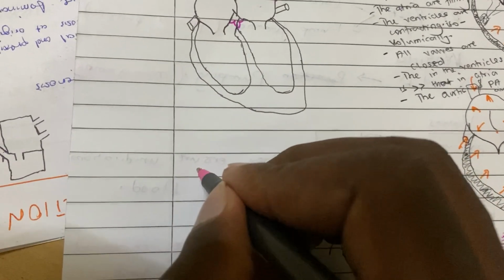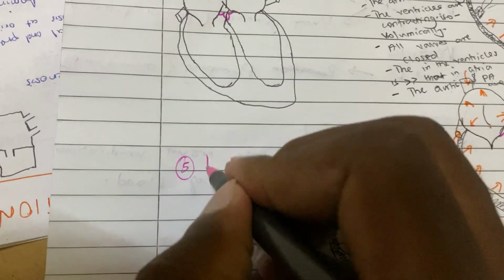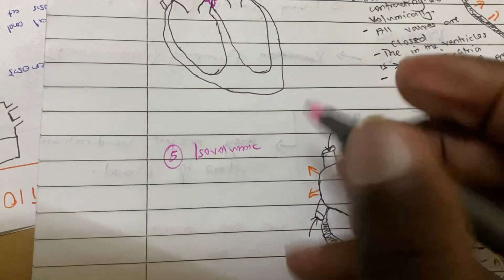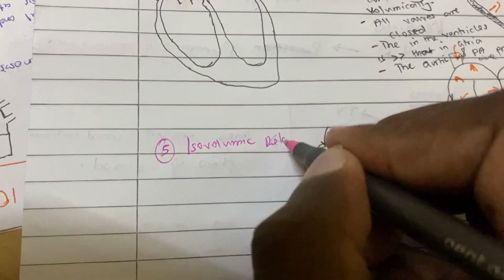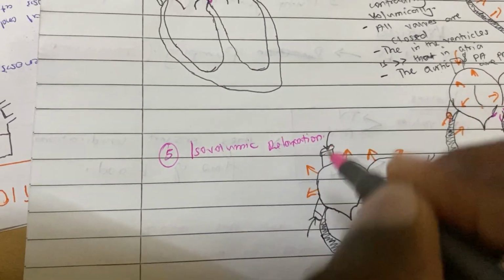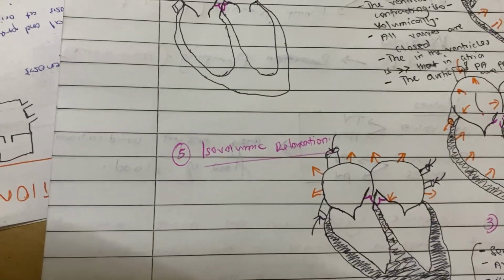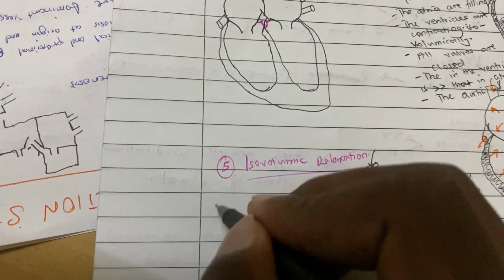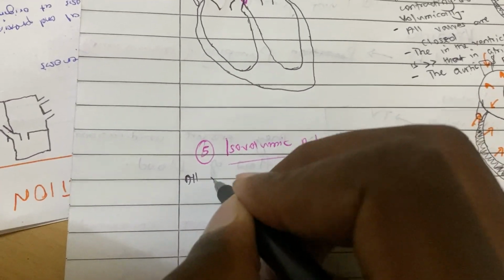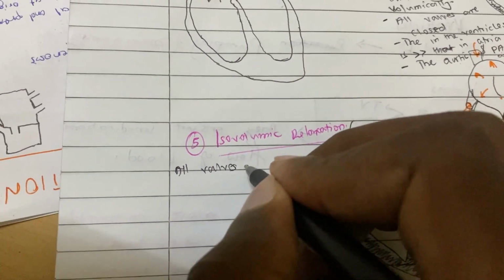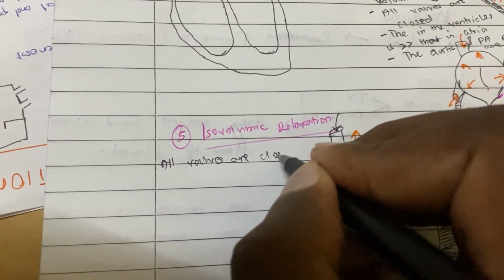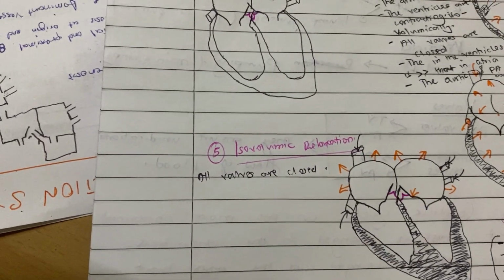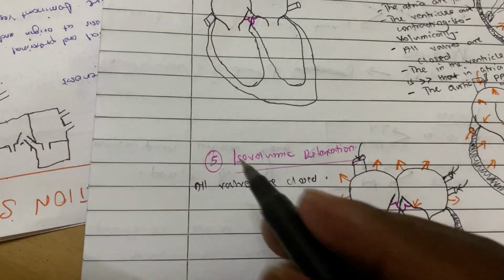Phase 5 is the isovolumic relaxation. In isovolumic relaxation, what happens? Still all valves are closed. So what is happening?